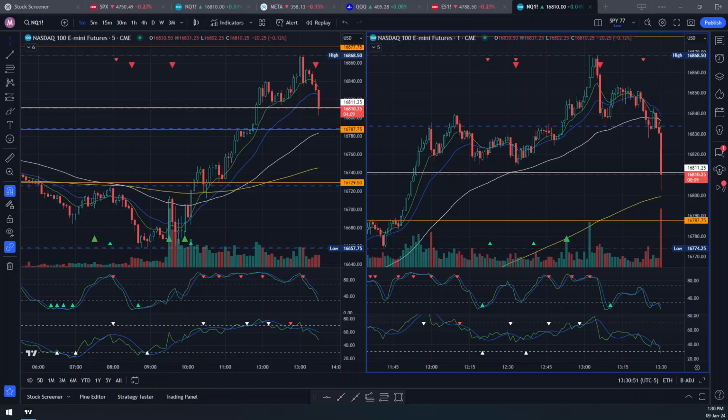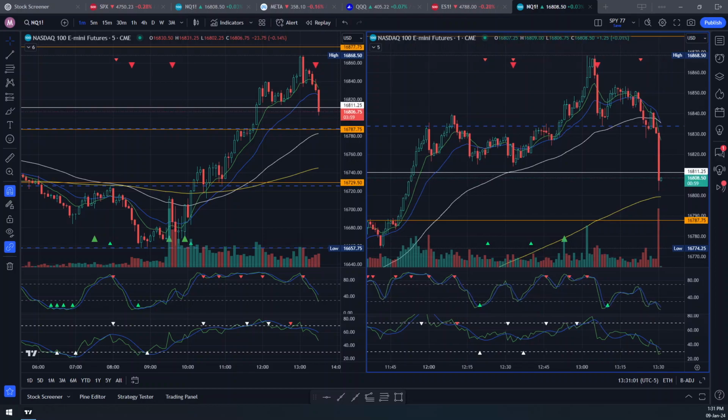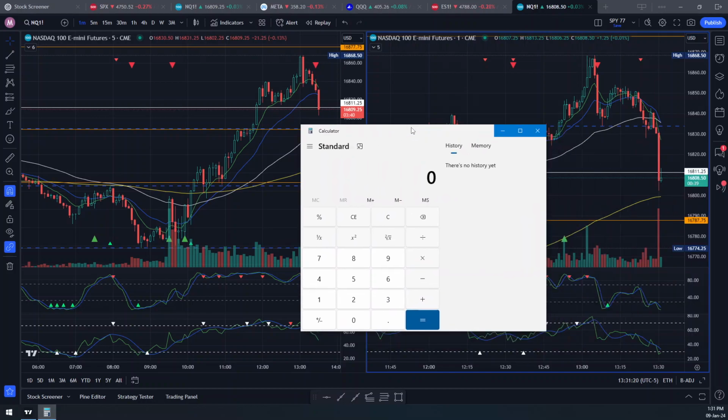Okay, so this is my trade. I rode it from 841 to 833 with 5 contracts. That is 8 points into 5, that's 40 points. And the rest I rode up to 810, so that is 31 points into 5, which is 155.